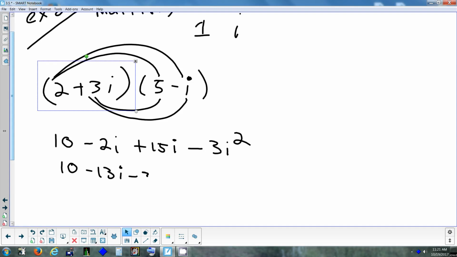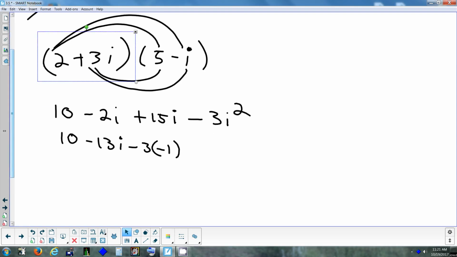Yeah, what's going to happen is it's minus 3. But remember, i squared is a negative 1. Wouldn't it be plus 13i? Yeah, thank you. Plus 13i. So now you have a negative 3 times negative 1, which is what Mina just said. Positive 3.